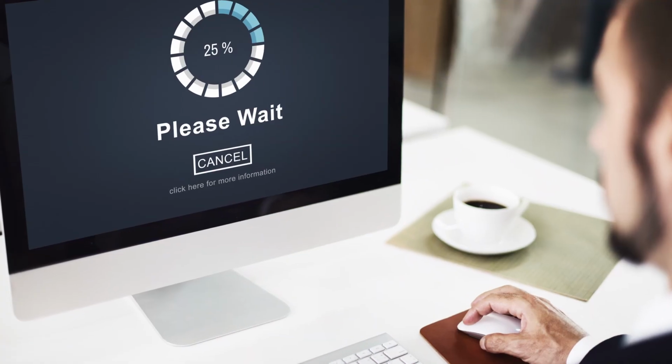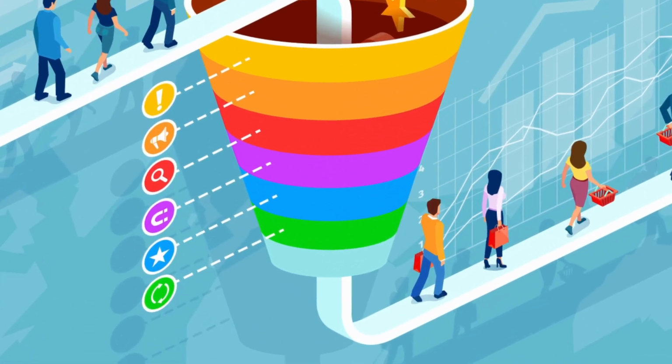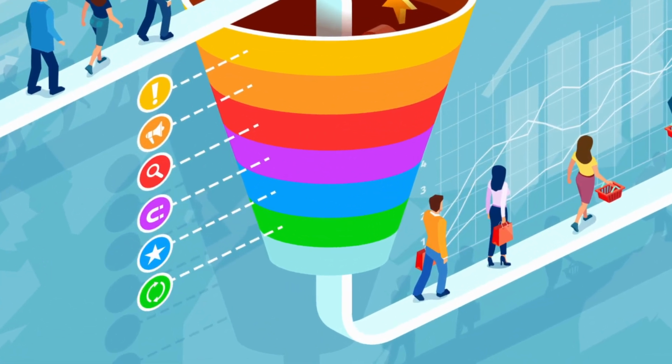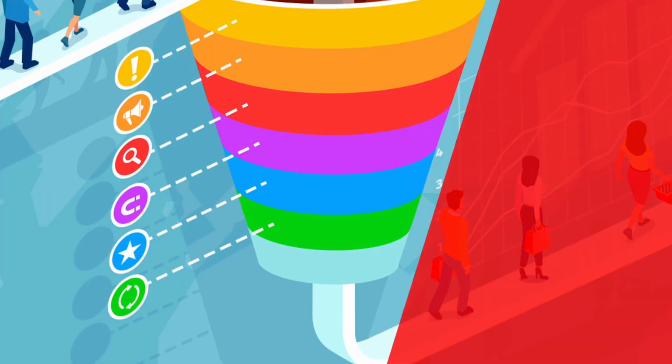So every time you introduce another step, you're introducing a friction point, you're introducing the issue of time, where it may take time for that website to load and somebody might abandon it. And you have to optimize each one of those steps to make sure that the conversion rate optimization is perfect. Because if it's not, you're not gonna generate any leads, you're gonna have nothing in your demand generation funnel.